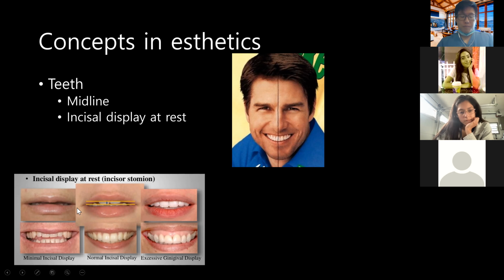If they're not showing, that's too little. And if they're showing too much, that's too much incisal display. As you age, your lips tend to come down, so your incisal display at rest will decrease over time.